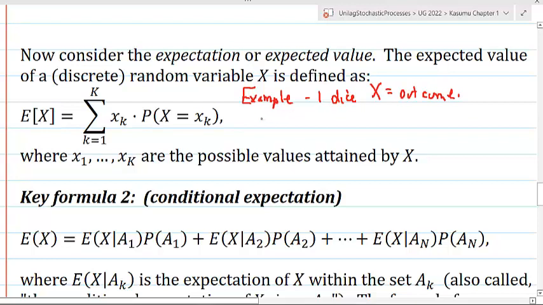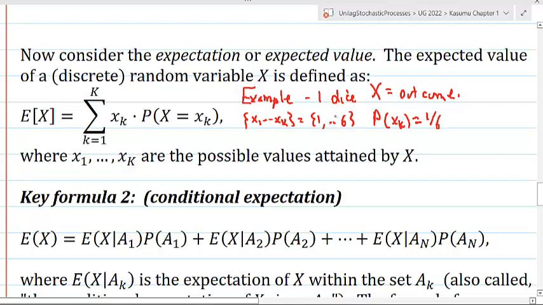Then my set of x1 up to xK would be the possible outcomes, which are 1, 2, 3, 4, 5 up to 6. And the probability of each outcome is 1/6 in this case.